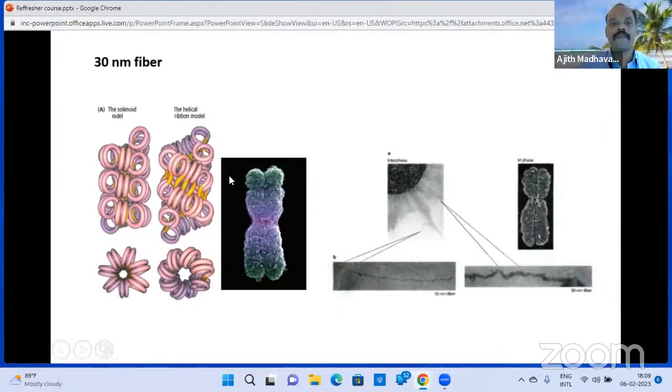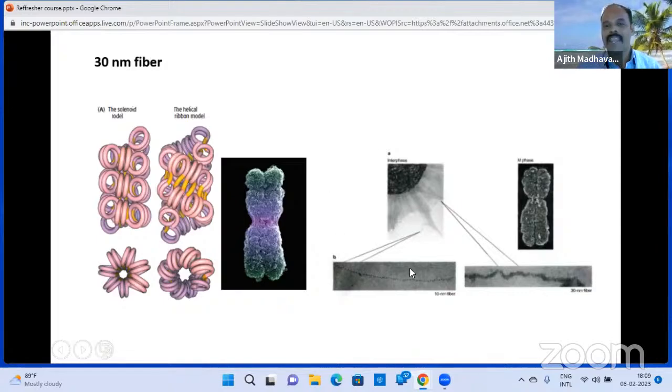The 30 nanometer fiber, again, by a complex winding, forms a chromosome. So you can see a 5 centimeter stretch of DNA is wound into around a 50 to 70 nanometer particle.